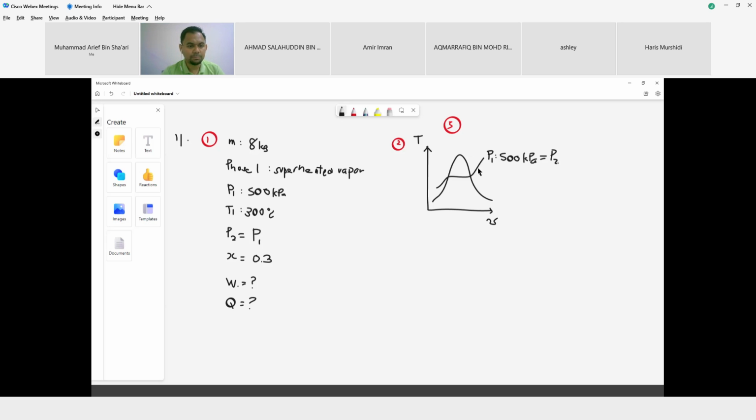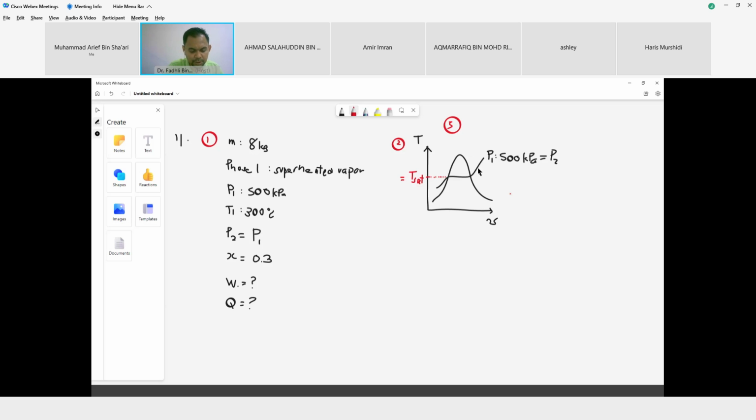When we plot the 300 degrees C, we have to find the saturation temperature first, T sat at the given pressure.